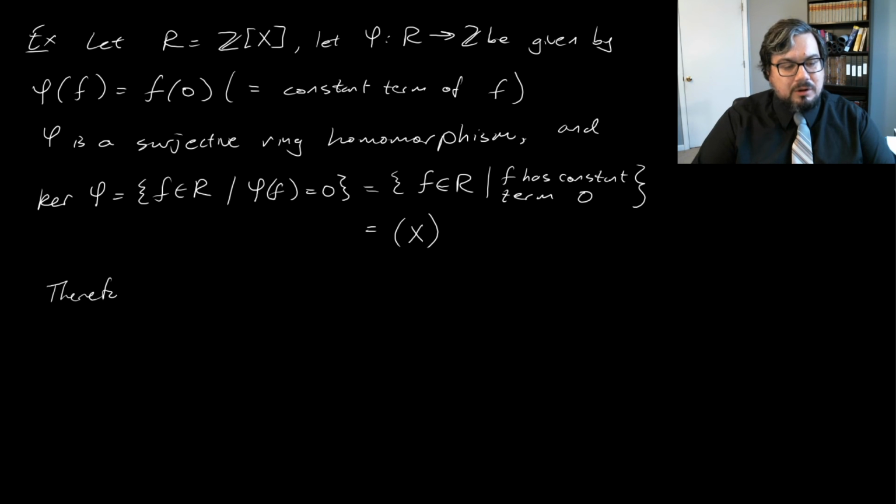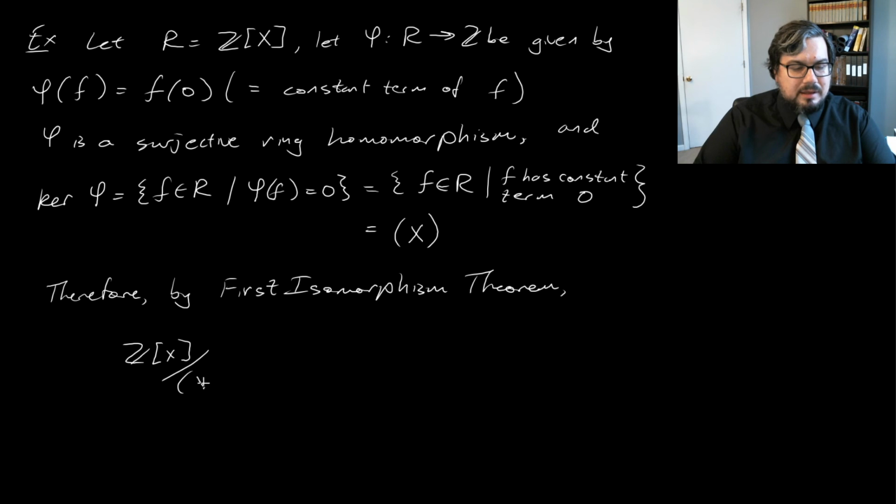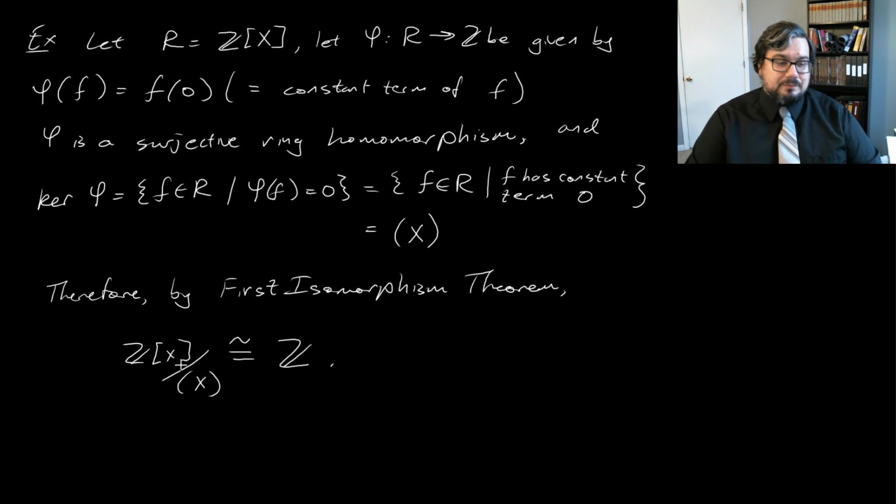So, therefore, by the first isomorphism theorem, we have that Z adjoin X mod the ideal generated by X is isomorphic to the integers.